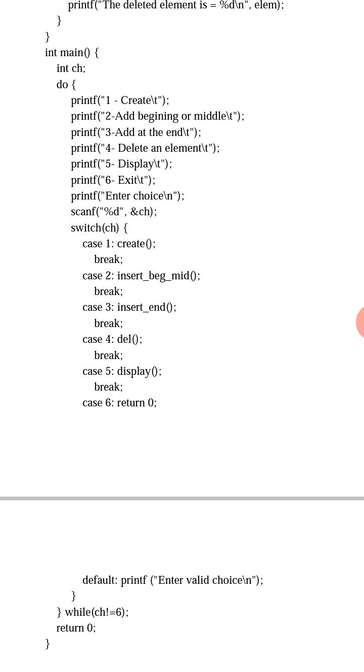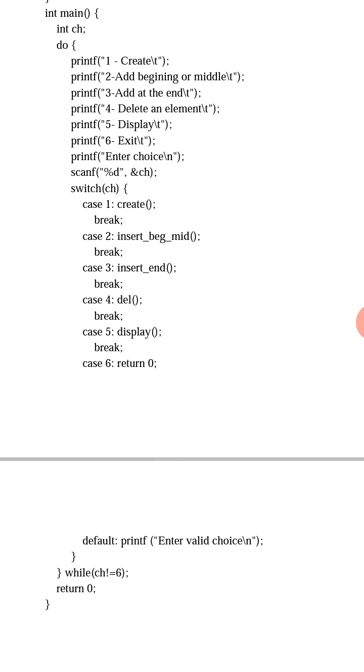If you wish to perform insertion either at the beginning or in the middle, press 2. If you wish to insert an element at the end of the array, then press 3. If the user wishes to perform delete operation, he needs to press 4. 5 for displaying array elements. 6 to exit from the program.